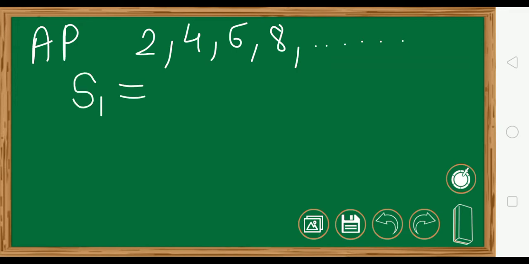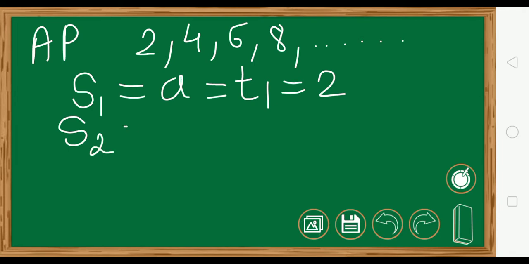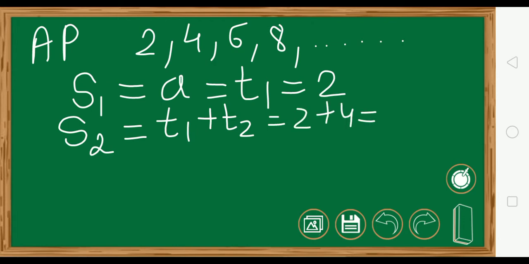S1 means the sum of the first term. The sum of the first term is the first term itself, that is equal to a, or you can say equal to T1, that is equal to 2. If I want to find S2, it means it is T1 plus T2, that is equal to 2 plus 4, that is equal to 6. And so on you can find out.